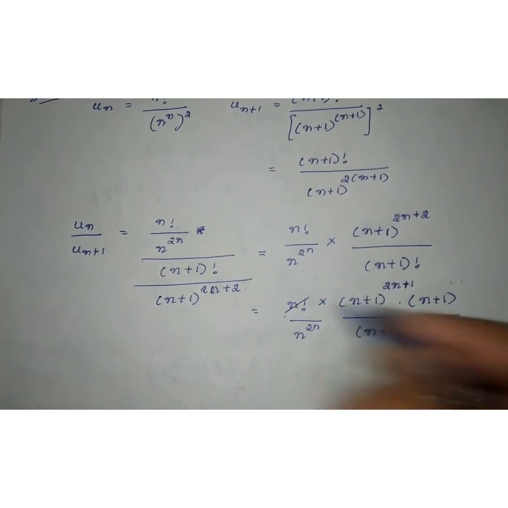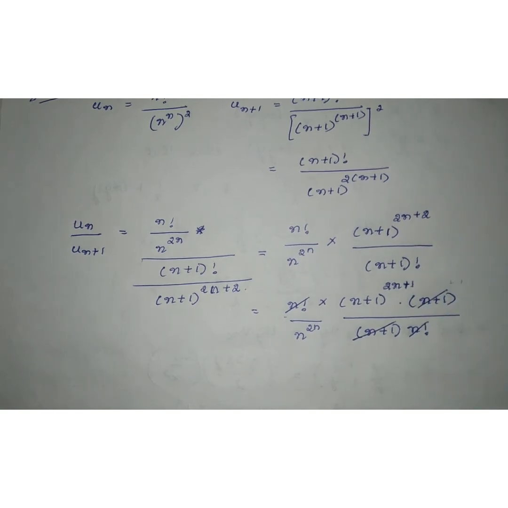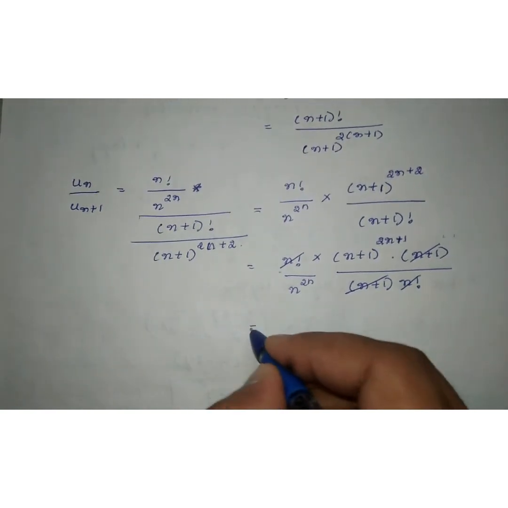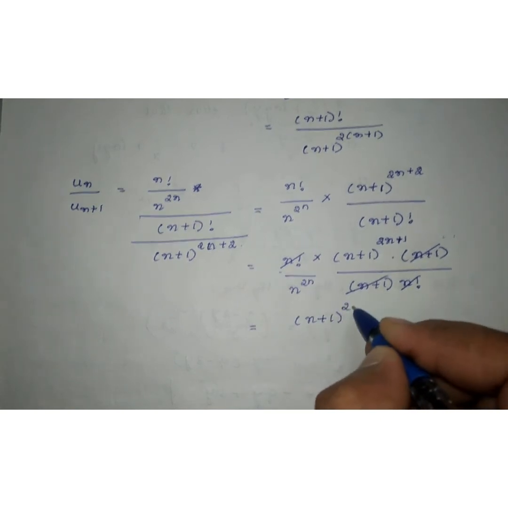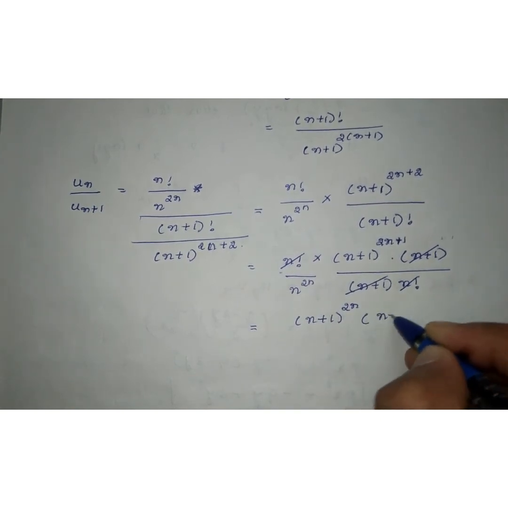So here n factorial gets cancelled, n plus 1 gets cancelled. So further I'll be writing n plus 1 to the power 2n into n plus 1.